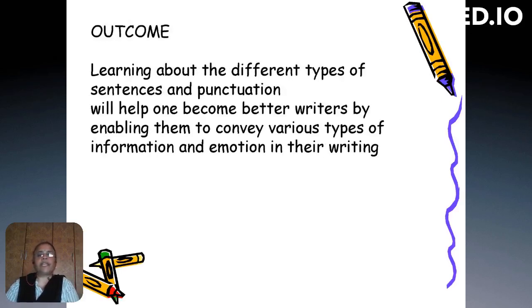And finally, coming to the conclusion part, it is the outcome of any topic that we deal with that matters. Learning about the different types of sentences and punctuation will help one become better writers by enabling them to convey different types of information and emotions in their writing.